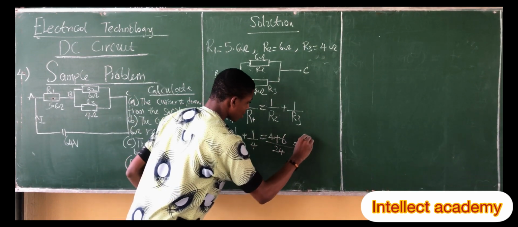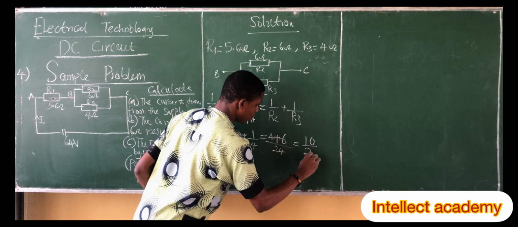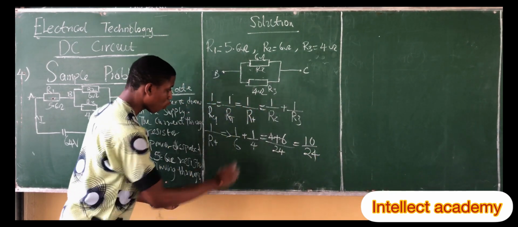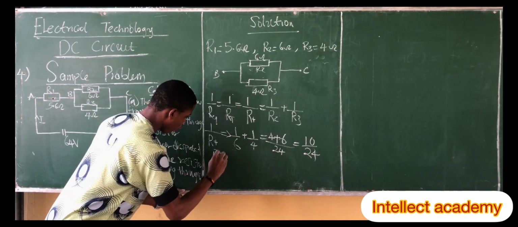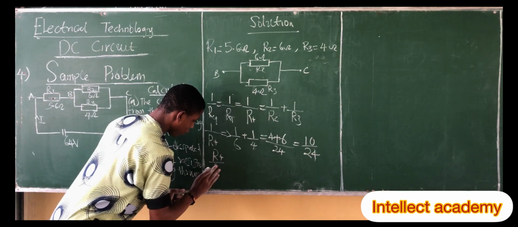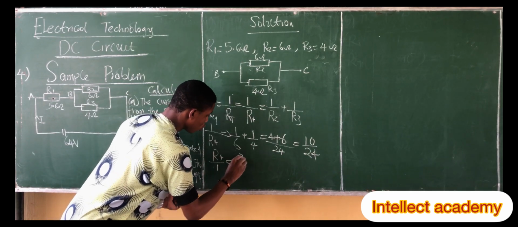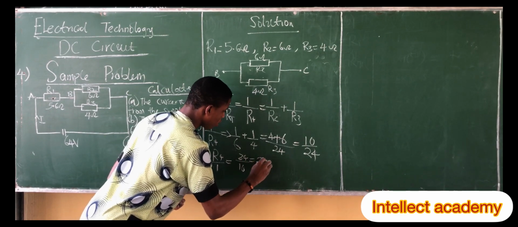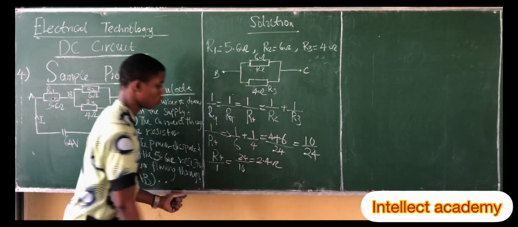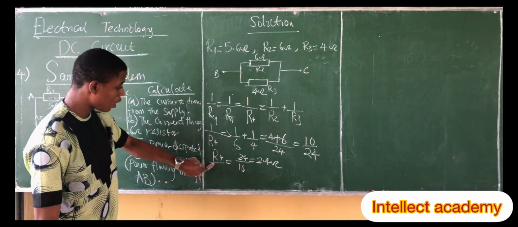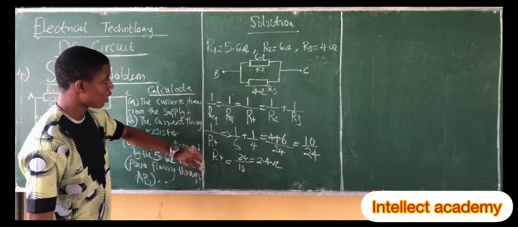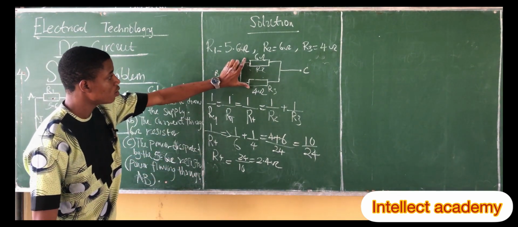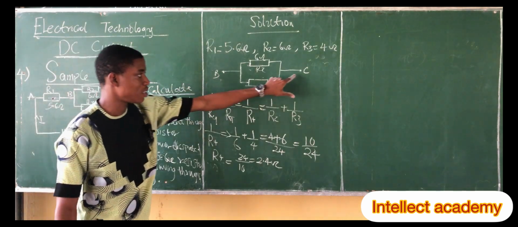So this results in 10 over 24. Therefore, when we invert it, we have R4 over 1 equal to 24 over 10, which is 2.4 ohms. So the equivalent resistance from point B to point C is 2.4 ohms.